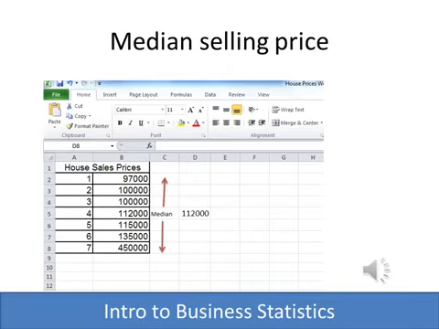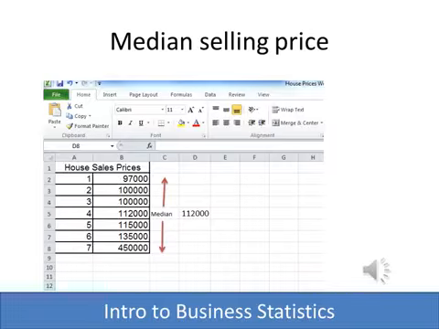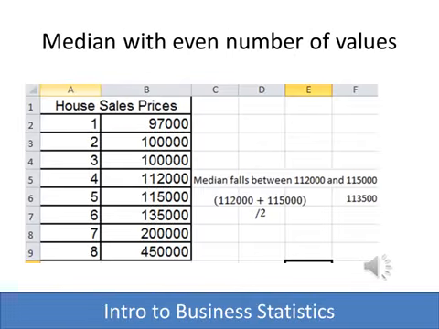And here we see the median with some home selling prices. And again, it is just this spot right in the middle where an equal number of values above it and below it. And like I said, if there's an odd number of values, it's very easy to find that point. Now with this example, I've added a house to our data set, and so we have an even number of houses. It's not quite as simple. There is no one value where an equal number fall above and below.